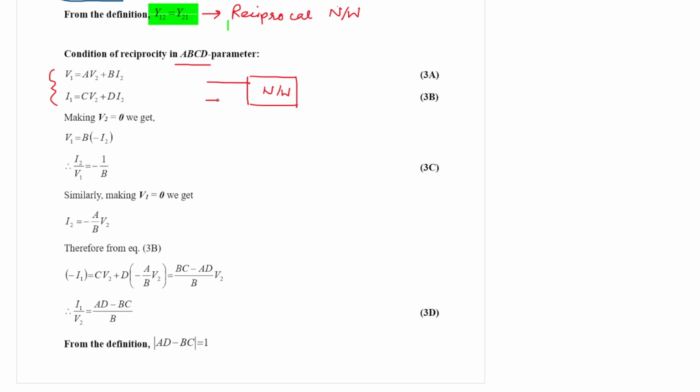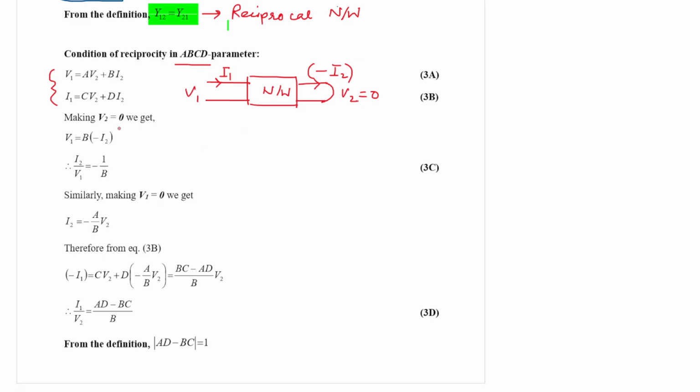Let us say we have excited it from the primary side and the current is I1, and we are making a short circuit at the secondary side. So V2 becomes 0 and the current becomes minus I2, as it reverses its direction.